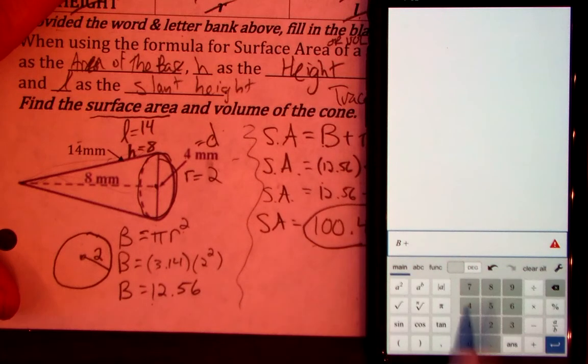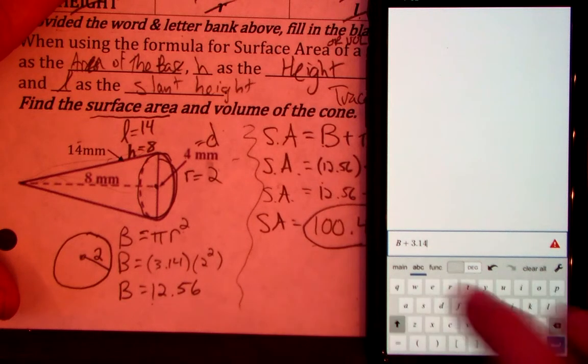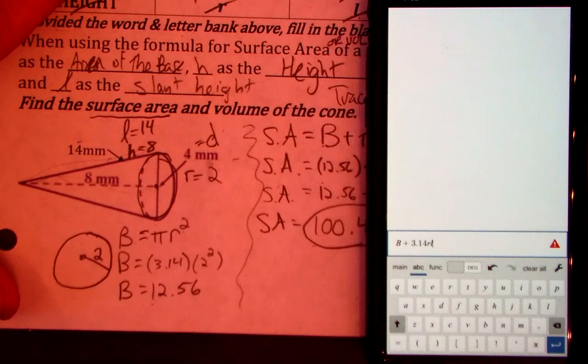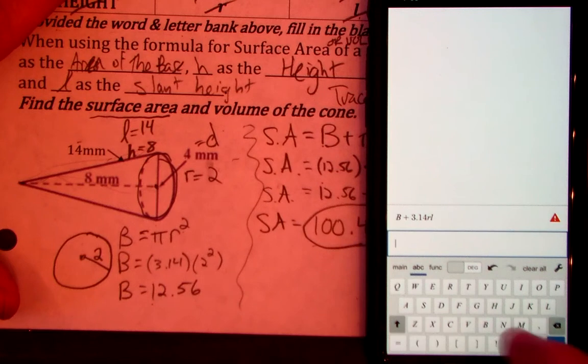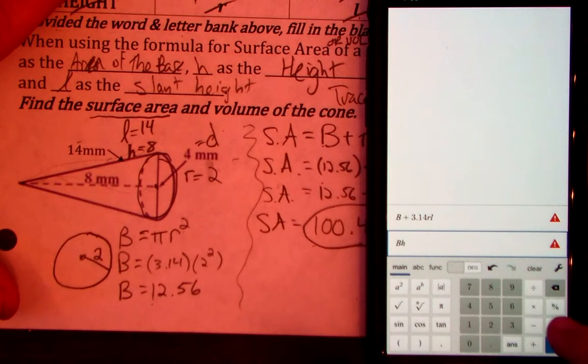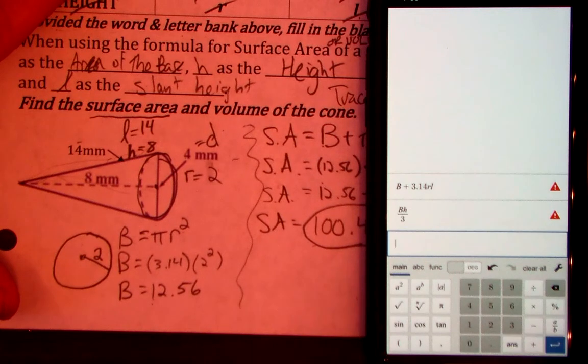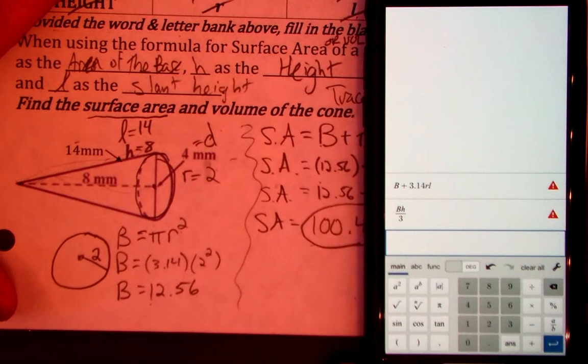Again, you can use the pi symbol or button here, but since we know it is just going to be 3.14, you can leave it like that, and times the radius times the slant height, which is L. Again, press enter to store it in there, and you can move on. And then again, our formula for volume is going to be the area of the base times the height divided by 3. Store it in there by pressing enter, and let's move on.